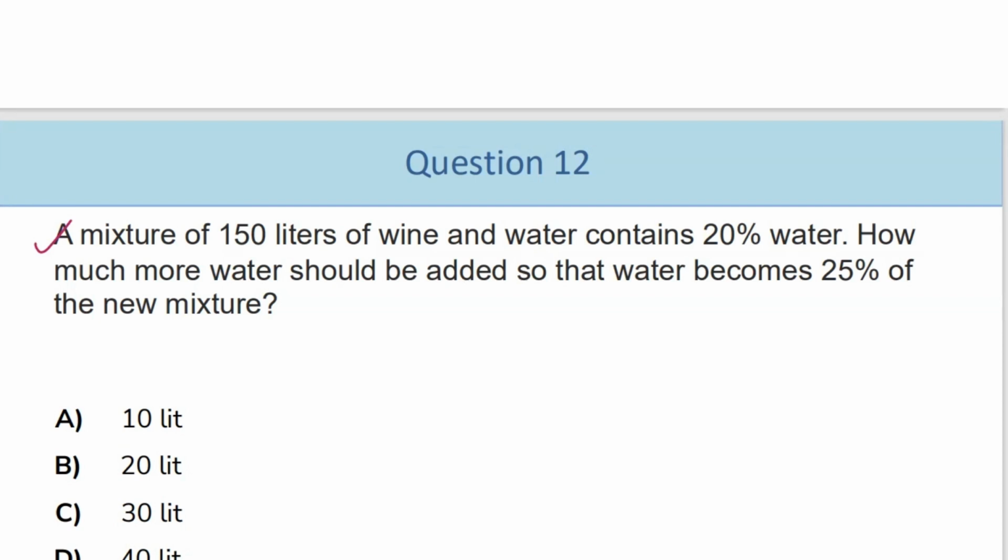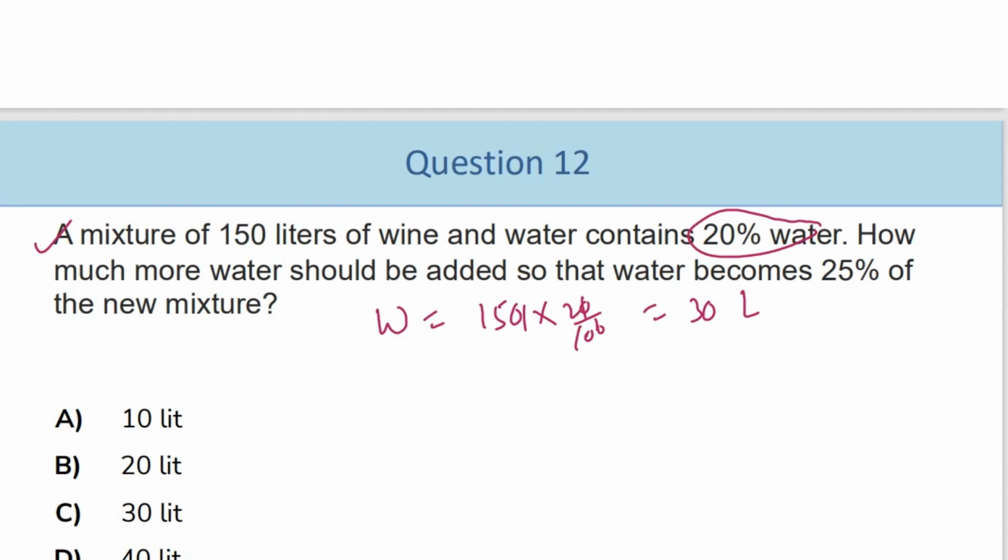There are many methods for solving this question, but the important and very simple method is this. Here 20% water is given, so we can find the water very easily. Water is 150 into 20 by 100, which is 30. So 30 liters is water.